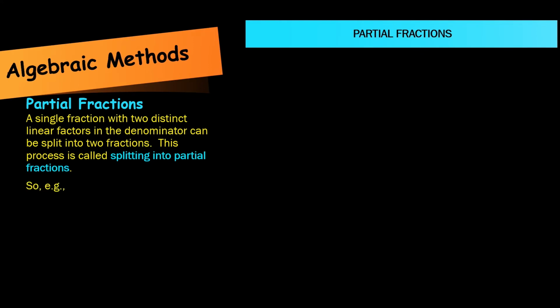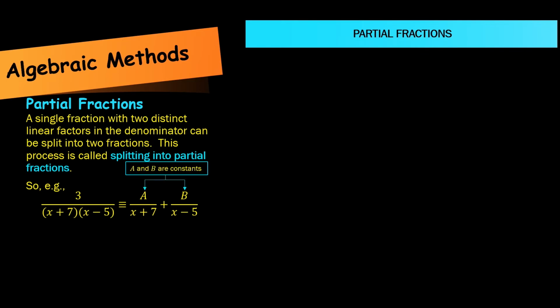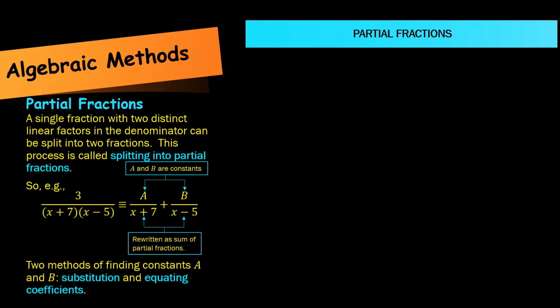So for example, 3 over x plus 7 times x minus 5 is identical to a over x plus 7 plus b over x minus 5, where a and b are constants which can be found. So in other words, we've rewritten the left-hand side as a sum of partial fractions. There are two methods of finding constants a and b, either substitution or equating coefficients.